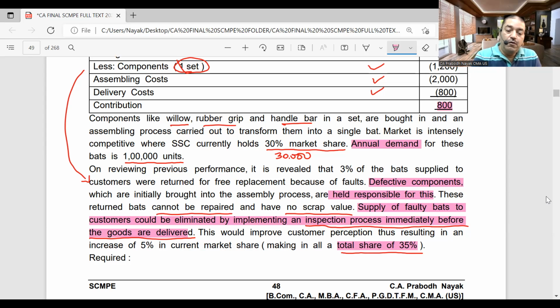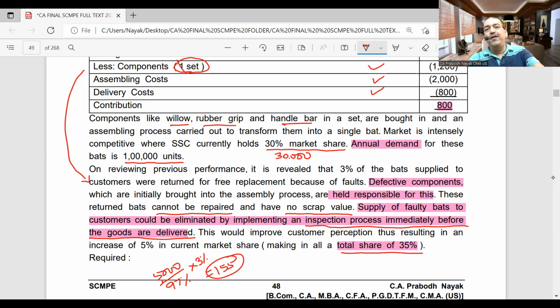So what I will say now, 5,000 additional bags that I'm going to sell is equal to 97% because 3% is going to be returned back. Into 3%, that is going to be returned back. That is going to be 155 bags are going to be returned back. So I will be producing 5,155 bags so that I can sell net 5,000.